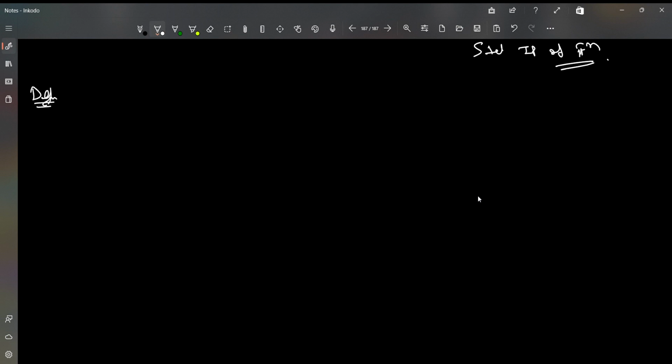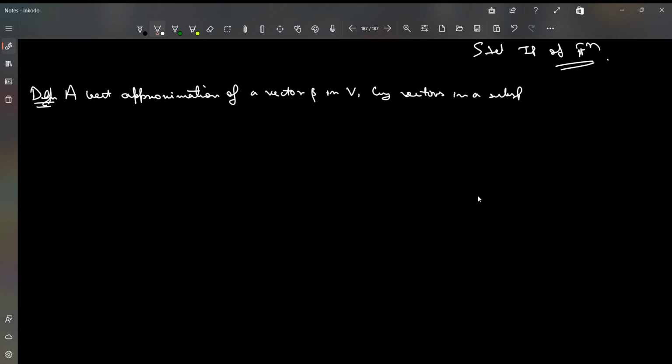So let's precisely give its definition. A best approximation of a vector beta in V by vectors in a subspace W. V is obviously an inner product space.